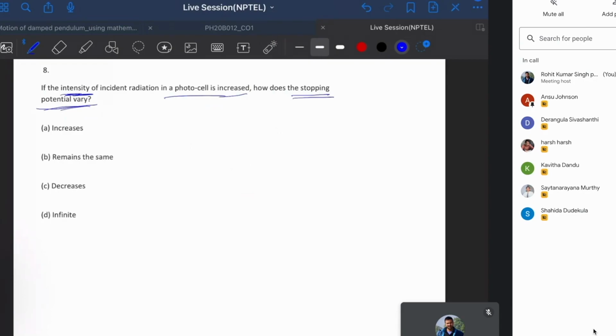What is the stopping potential? The stopping potential is determined by the kinetic energy of the photoelectron, right?